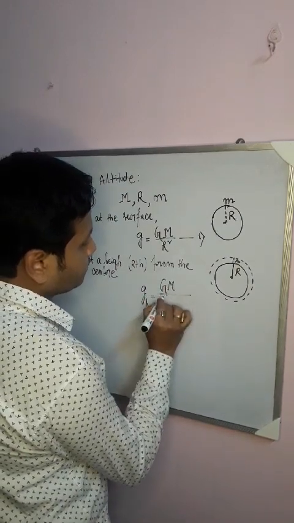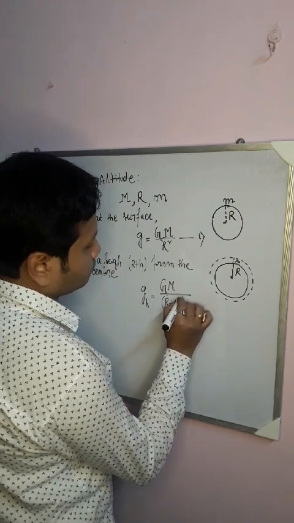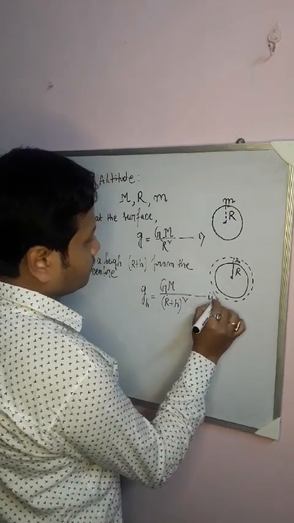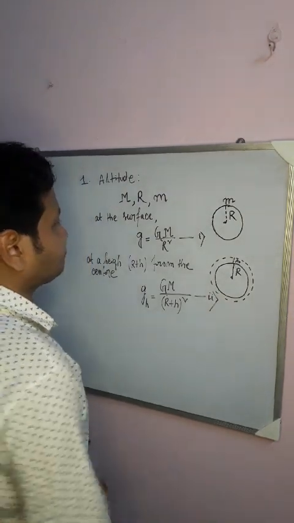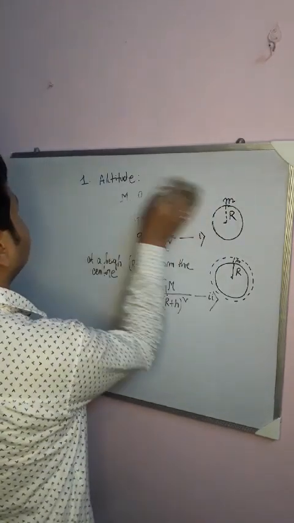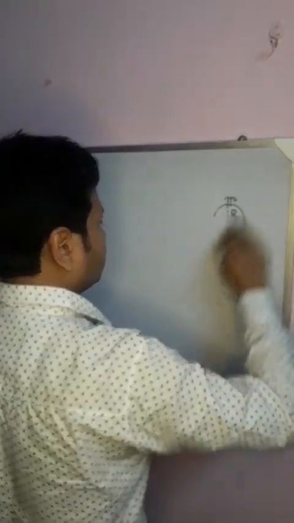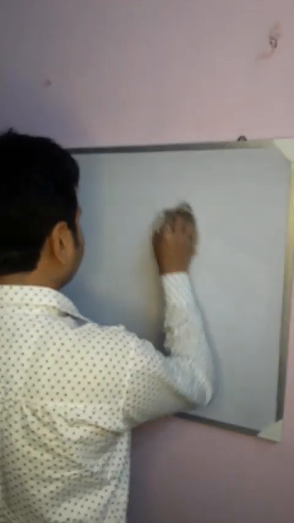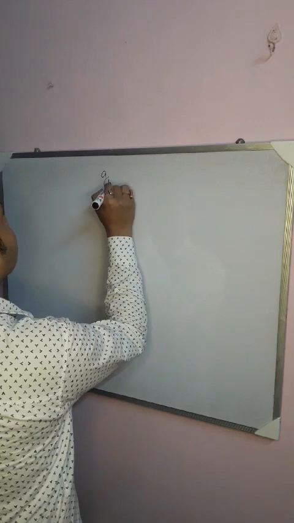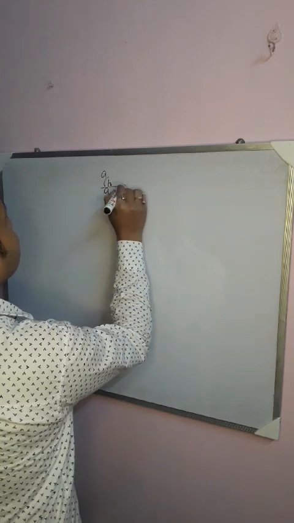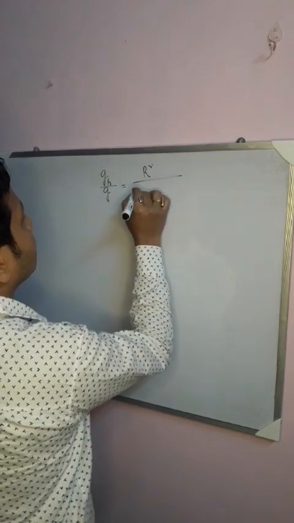GM by (R plus h) whole square. Now if we divide these two expressions, what would be the result? g_h upon g is simply R square by (R plus h) whole square.